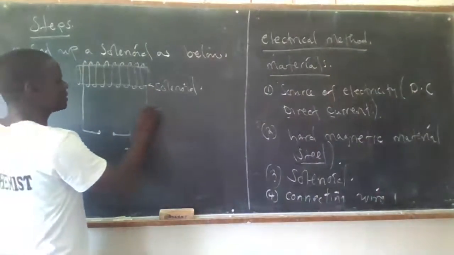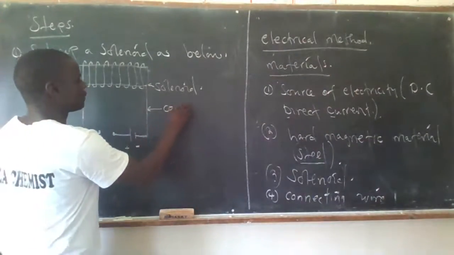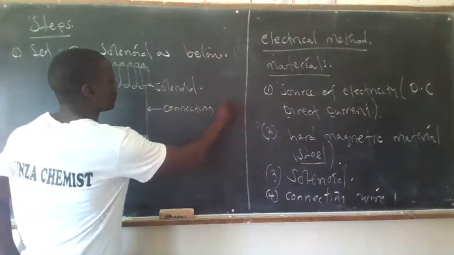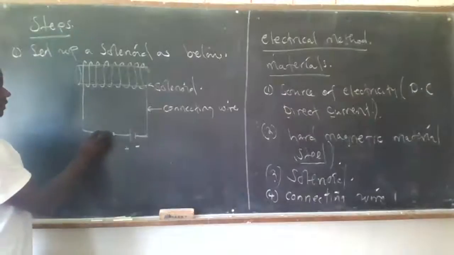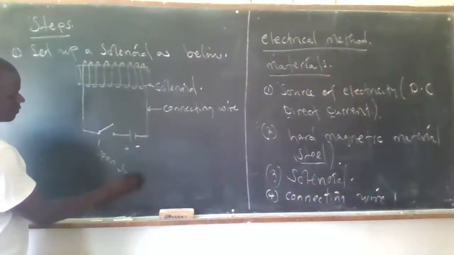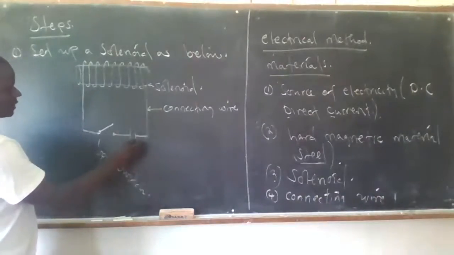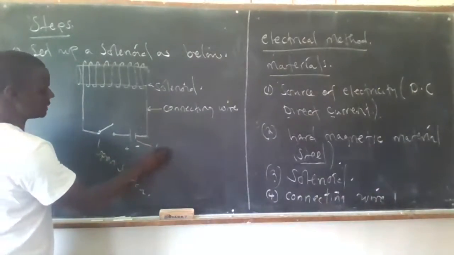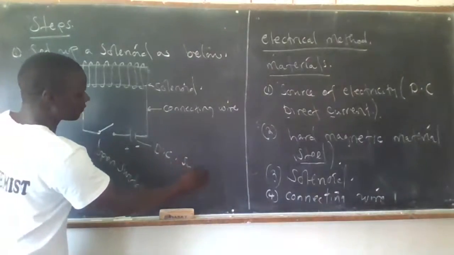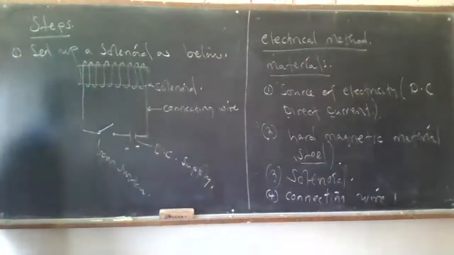This one here is a connecting wire. This is an option. This is our DC supply, or source of power.